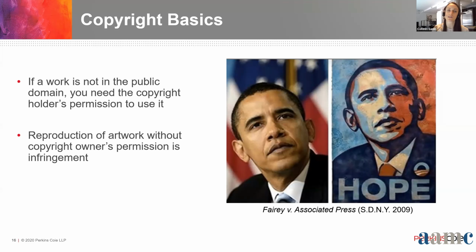In that case, the Associated Press alleged that street artist Shepard Fairey's Hope posters, which were largely promoted and used during the 2008 Obama presidential campaign, infringed on the Associated Press's copyrighted photo shown here. In 2011, after years and countless thousands of dollars in legal fees, the case settled out of court, but presumably that all could have been avoided had there been a discussion at the onset.